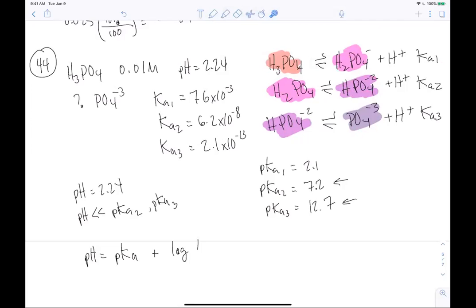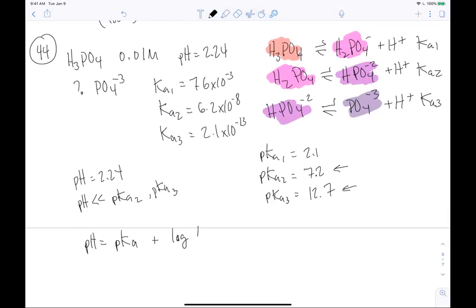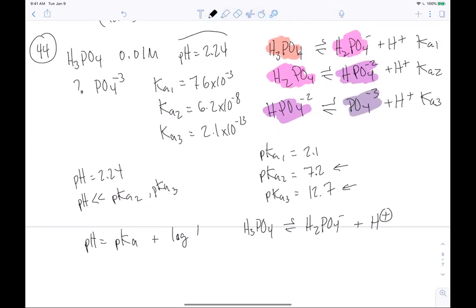Oh yeah, you have to plug in the pH for the Rice table. Whatever the pH is tells you your H plus concentration over here. So plug that value in. If you're using Rice tables to solve this problem, make sure you take this pH value and use it to calculate whatever this is.